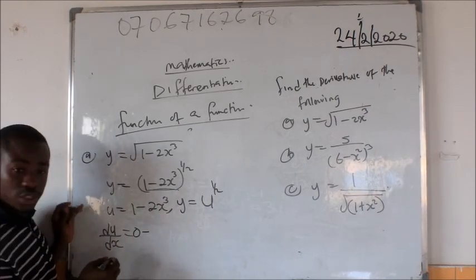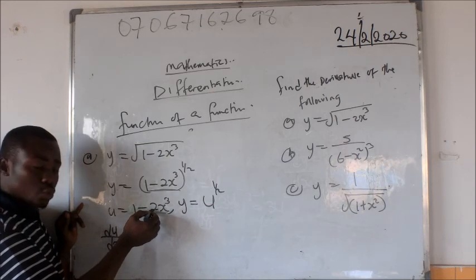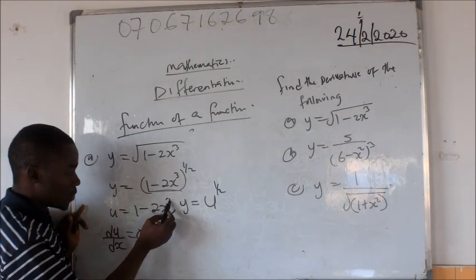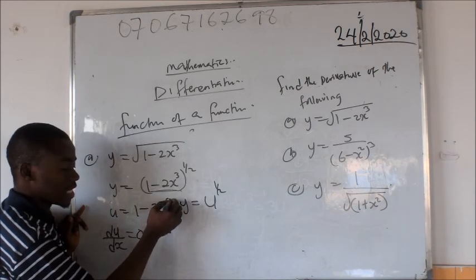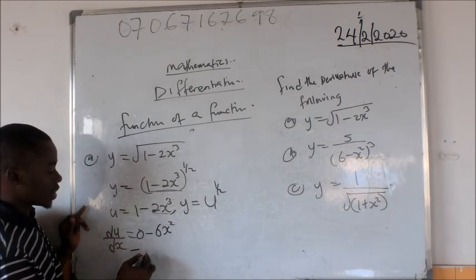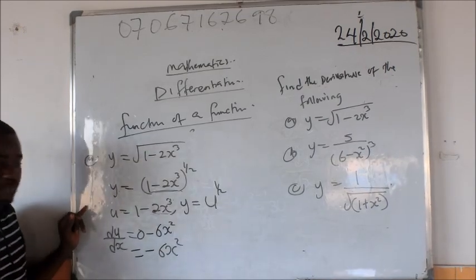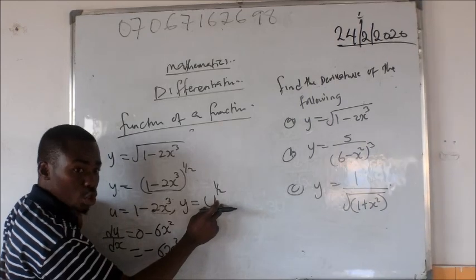Then minus: if you are differentiating this 3, you multiply by the power and minus 1 from it. So it becomes 3 times 2, that is 6, x raised to power 3 minus 1, which is 2. So at the end of the day, it will give you 0 minus 6x squared, that is minus 6x squared.